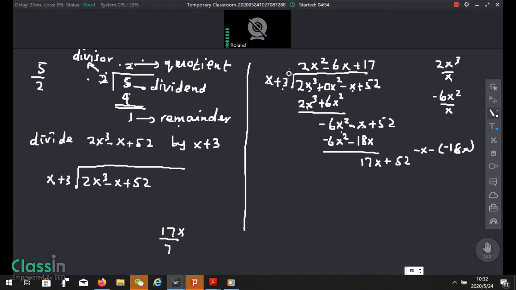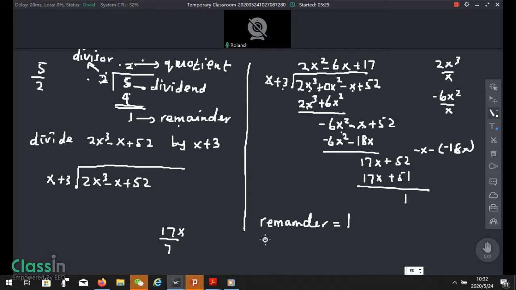And of course, we multiply x plus 3 by 17. So x times 17 gives 17x, and 3 times 17 gives 51. We can subtract again. This minus this goes to 0, and 52 minus 51 is 1. So in this case, the remainder is 1.